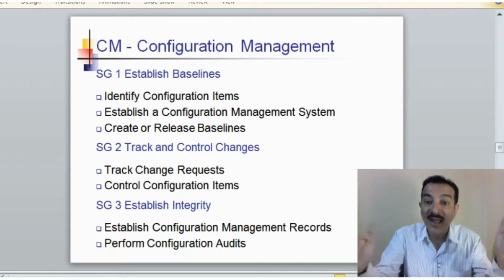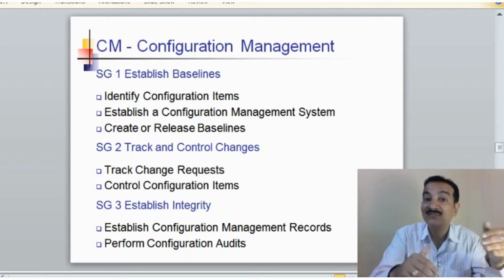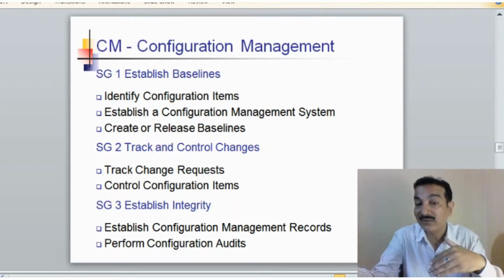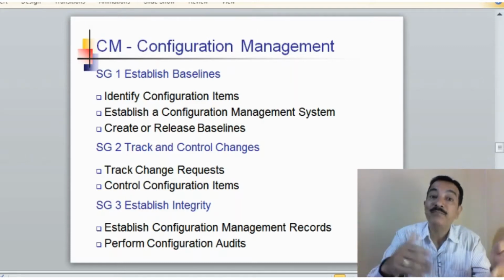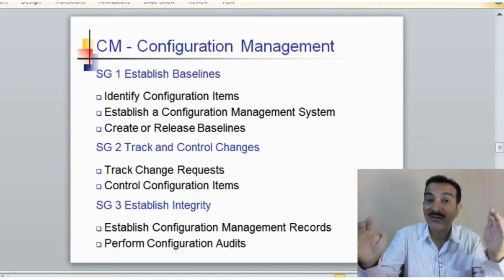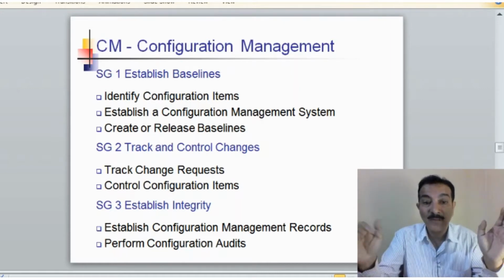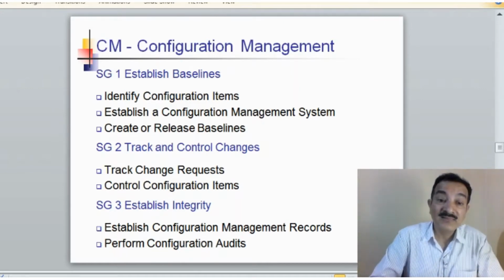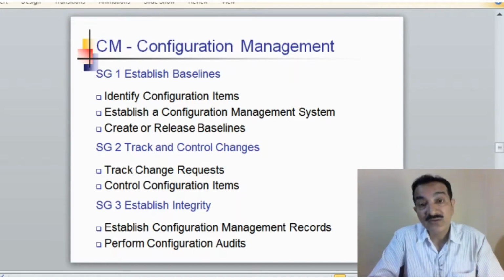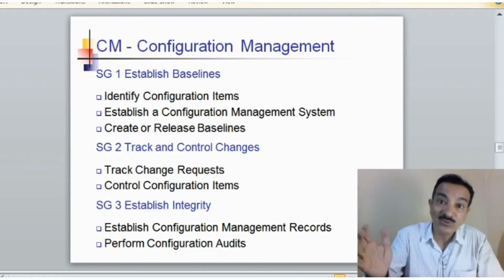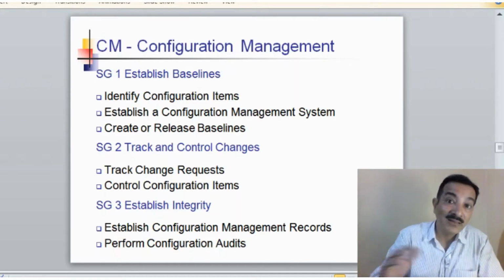It has to be planned. You should have tracked it. So if people ask for a change while the work products are being developed, you would have to know what impacts it is going to have when the requirements are changing. So that is track change requests, control configuration items to ensure that the work products don't get changed by anyone. That is what the configuration management system is going to do.